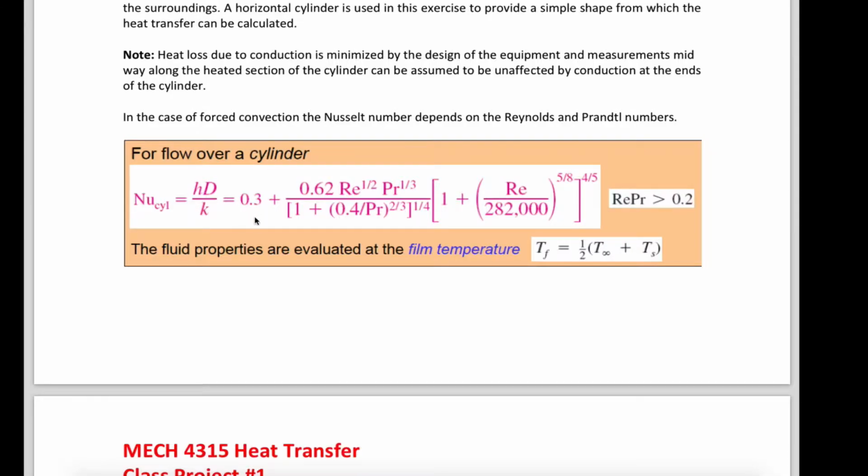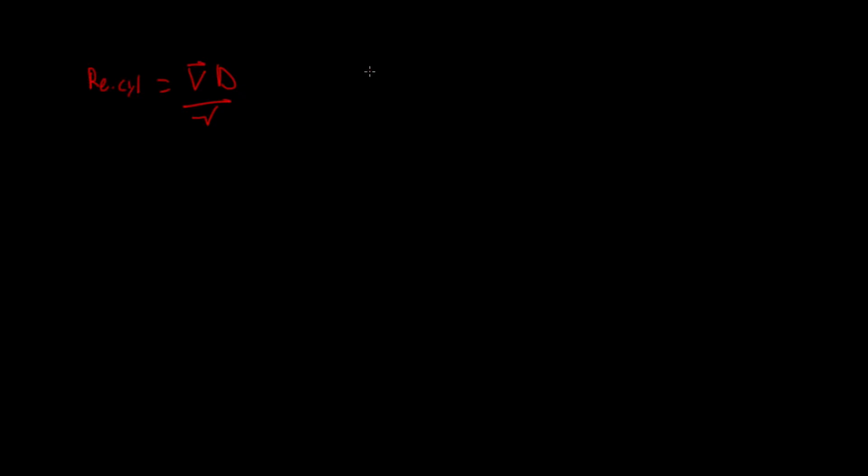Over here in one of our formulas, we see that we have to use the film temperature. And the film temperature is just 1/2 the temperature of the environment plus the temperature of the surface. So let's go ahead and do that and get our film temperature. All right, so T_f is equal to 1/2 (T infinity plus T_s).